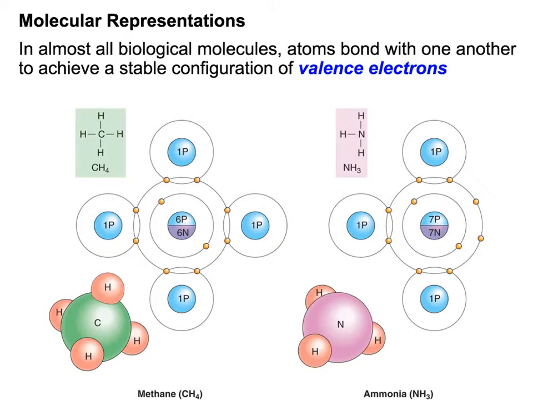This slide just shows 3 different ways that we represent molecules. The structural formula is the one that is highlighted in the shaded area for both of these molecules. There's methane, which is natural gas, on the left, and ammonia, which is a byproduct of protein metabolism.